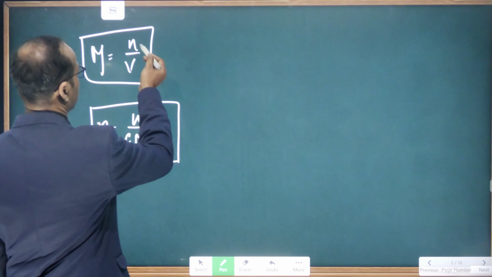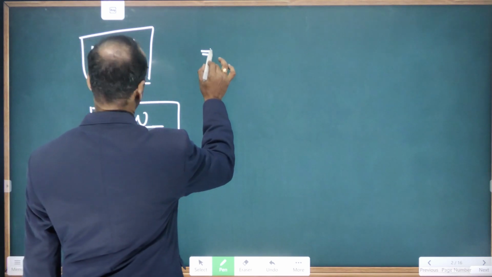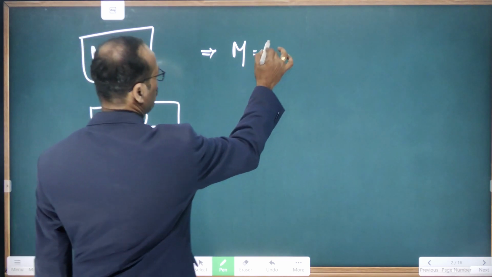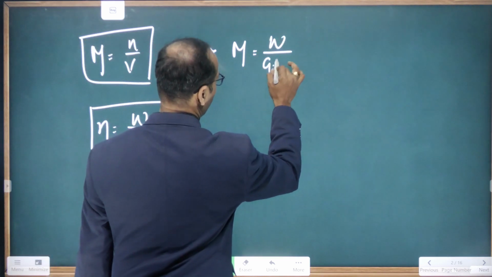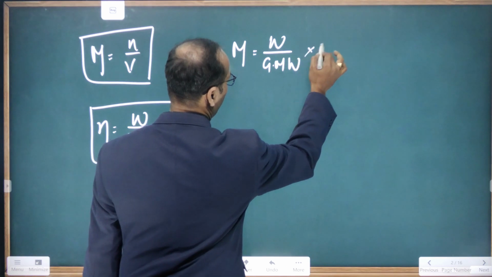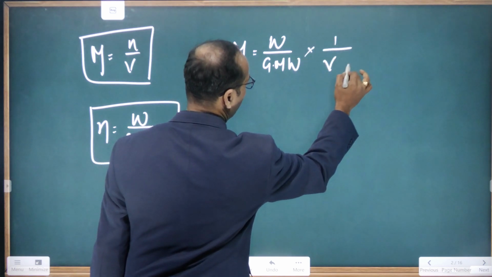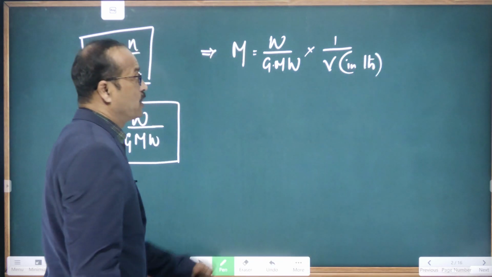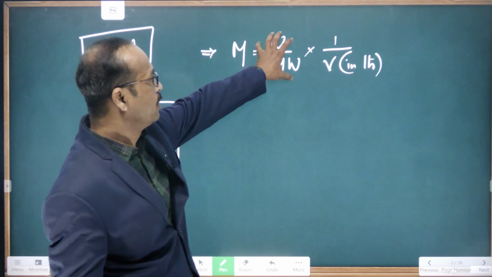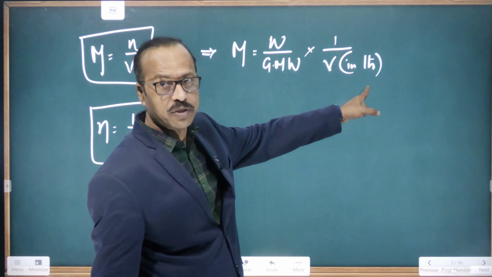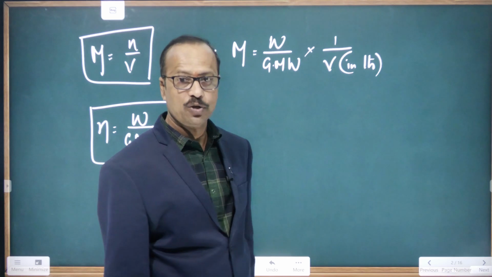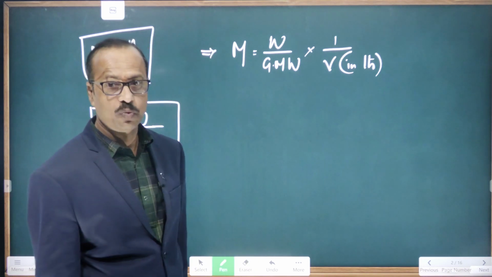So now if you substitute here, then we can write M is equal to weight of solute by gram molecular weight of solute into 1 by volume of solution in liters. See students, terminology is important here. Weight of solute, this is solute, and this volume is of solution.